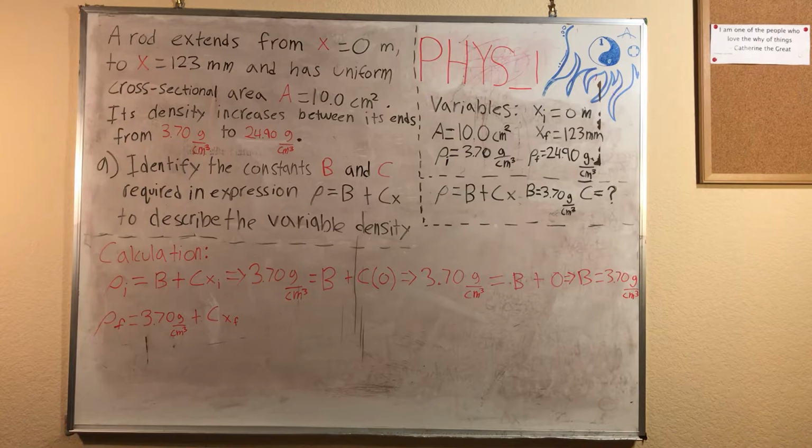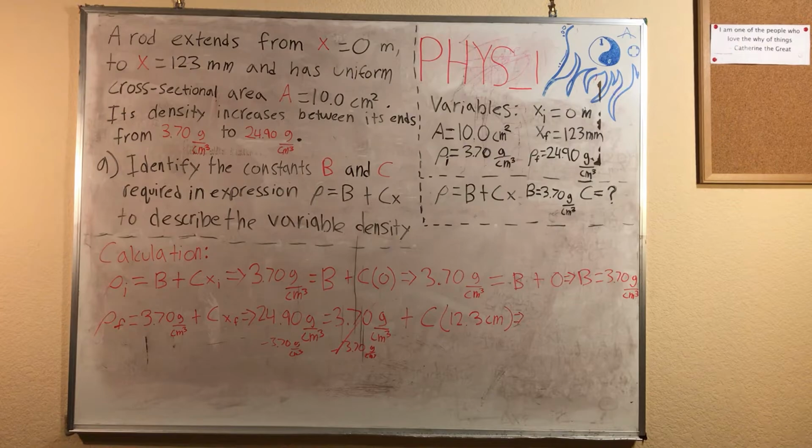Plugging in the final values, we get 24.90 grams over centimeters cubed equals 3.70 grams over centimeters cubed plus C times 12.3 centimeters. Subtract 3.70 grams over centimeters cubed from both sides and cancel on the right side.